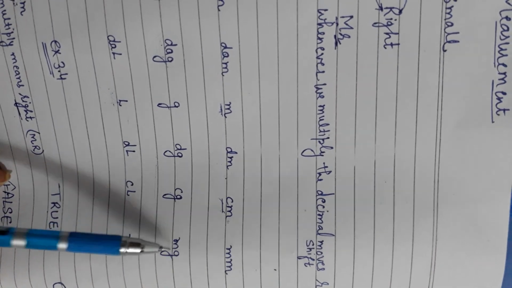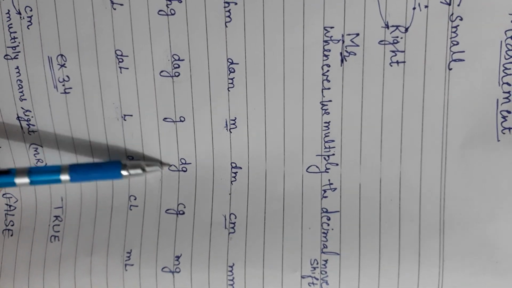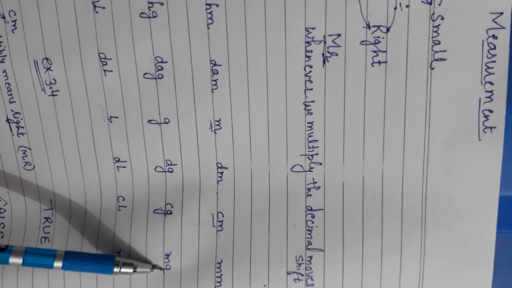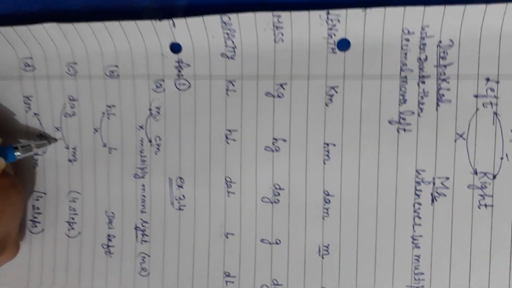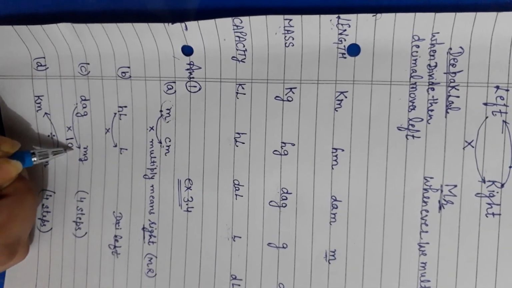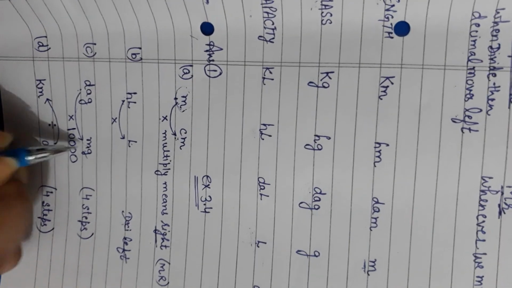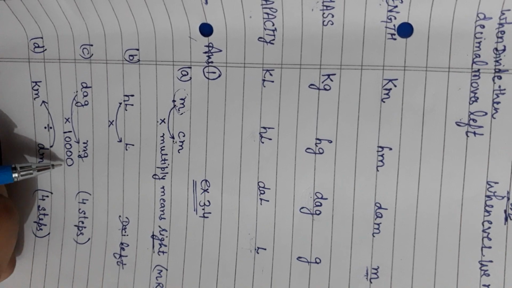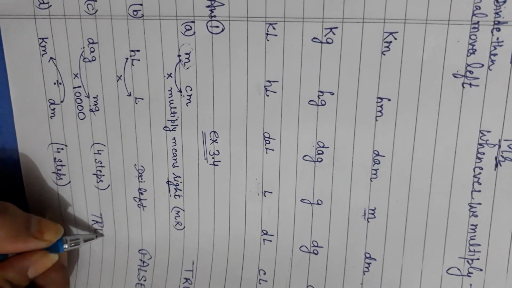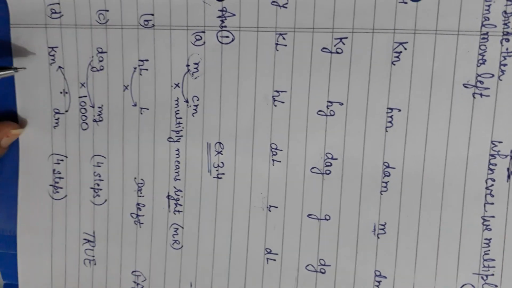So 4 steps are there na, so you have to multiply by 1 ਦੇ ਪਿੱਛੇ 4 zeros ਲਗਾਣੇ ਆ. So you have to multiply by 4 times: 1, 2, 3, 4. And ਇਹੀ ਇਹਨਾਂ ਦਾ ਕੁਐਸਚਨ ਸੀ, ਇਹੀ ਕਹਿ ਰਹੇ ਸੀ ਕਿ whenever we move from this we have to multiply by 10,000, it means it is true. Understood?